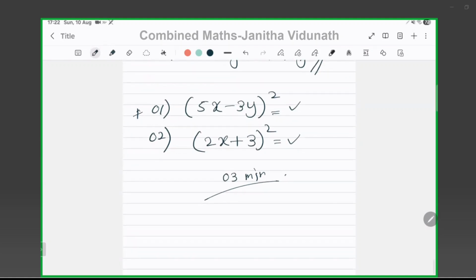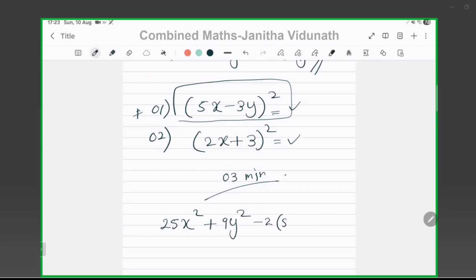Okay. First, by expanding the first question, we get the square of the first term, 25x square, and the square of the second term, 9y square, and minus 2 times multiplication of those two terms. Then we get 25x square plus 9y square minus 30xy.